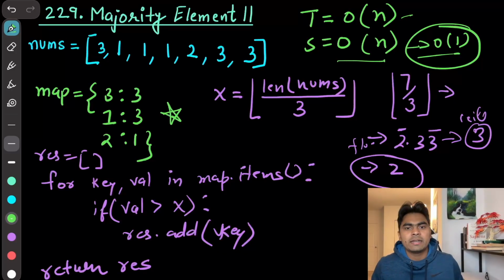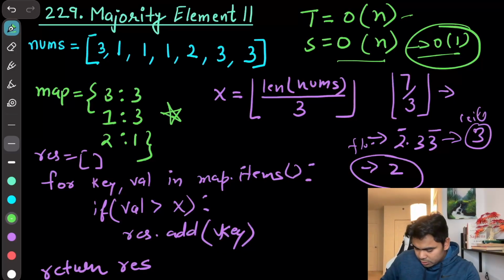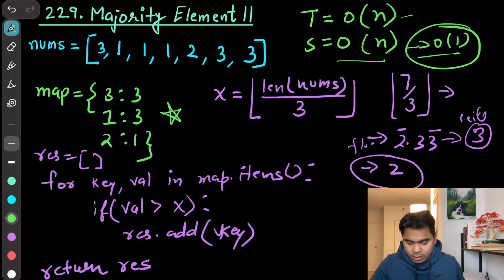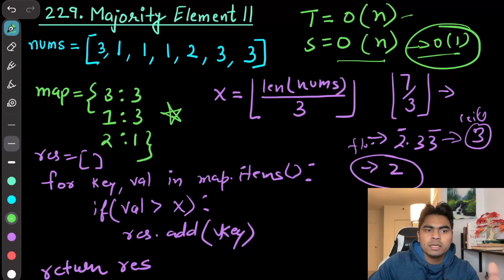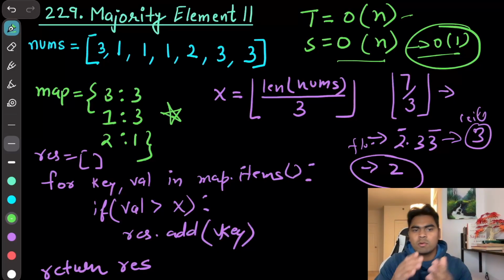You can definitely check it out. It's a decent solution that brings the space complexity to big O of 1. Boyer-Moore is a really nice solution for the Majority Element first problem, because that asks only for the element that occurs more than 1/2 times. Okay, so let's code up this solution.